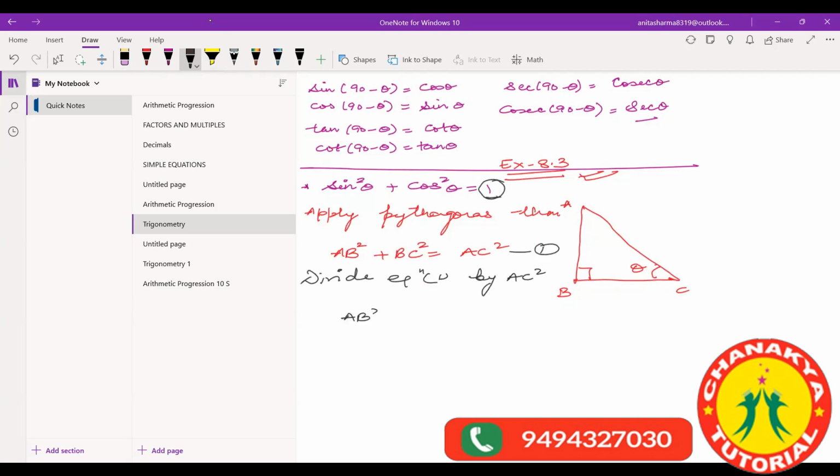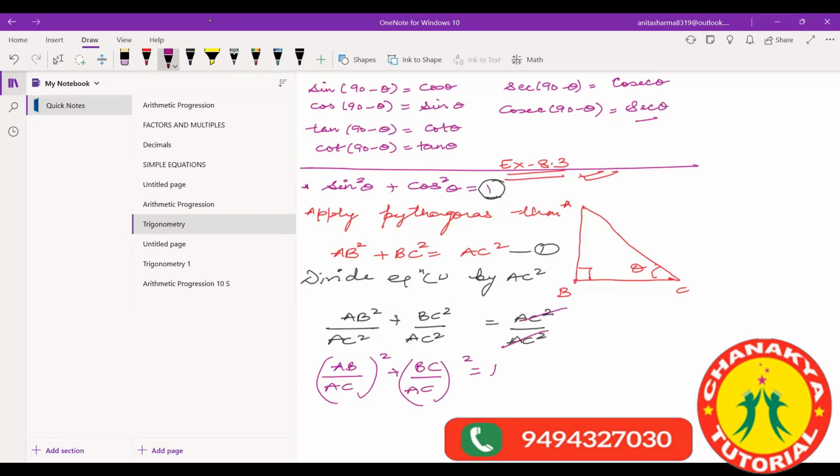AB square upon AC square plus BC square upon AC square is equal to AC square upon AC square. Understood this thing? Now this will cancel. Now we can write AB upon AC whole square and BC upon AC whole square is equal to 1. Understood this thing, children?